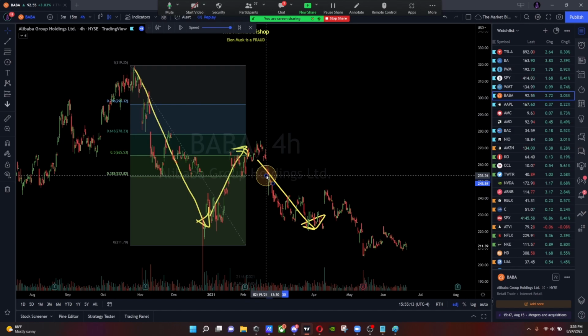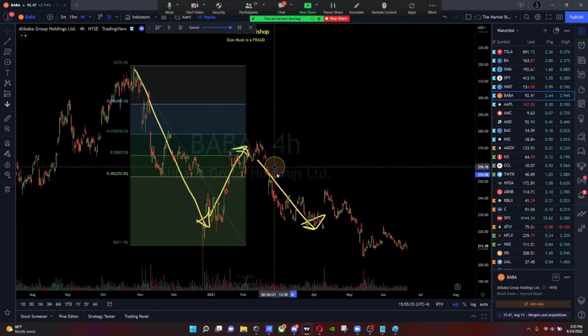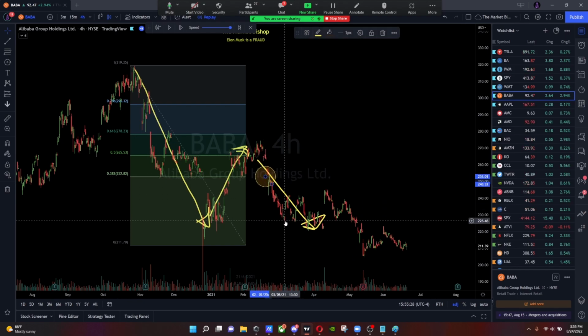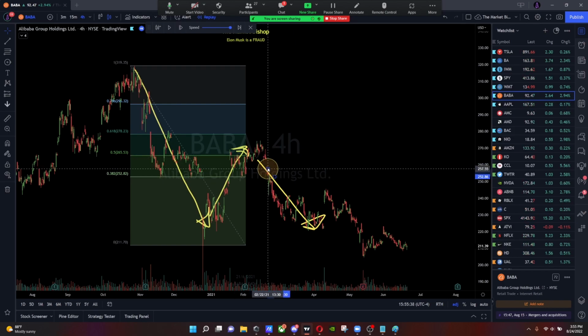And if you entered at the 38% and held to here, that would probably be over 300% profit, versus if you entered over here, it would probably be like 100% profit, right? So obviously the higher entry price you have, the more risk there is, but the more profit there is. So it all depends on your risk tolerance about where you want to enter.